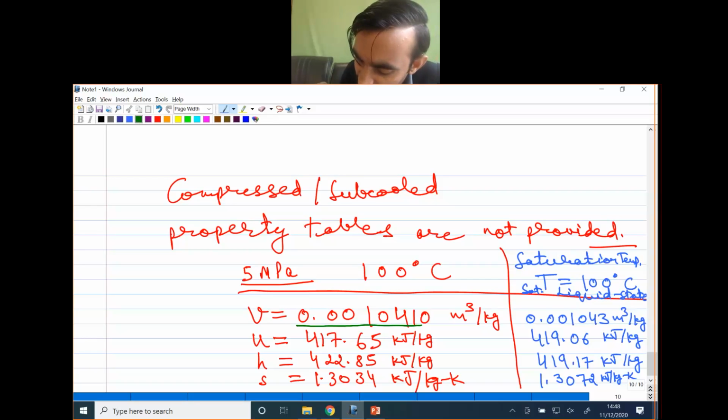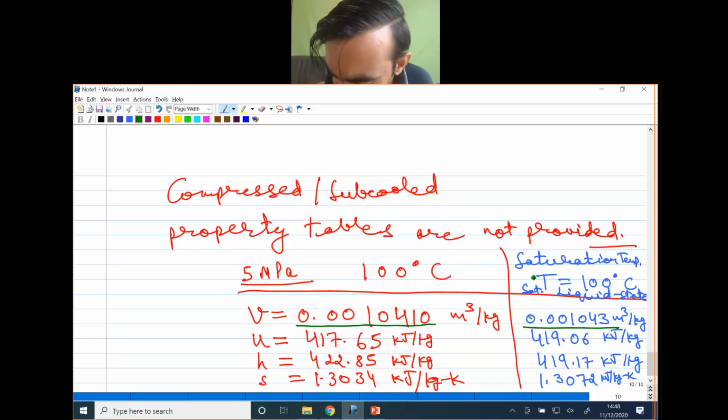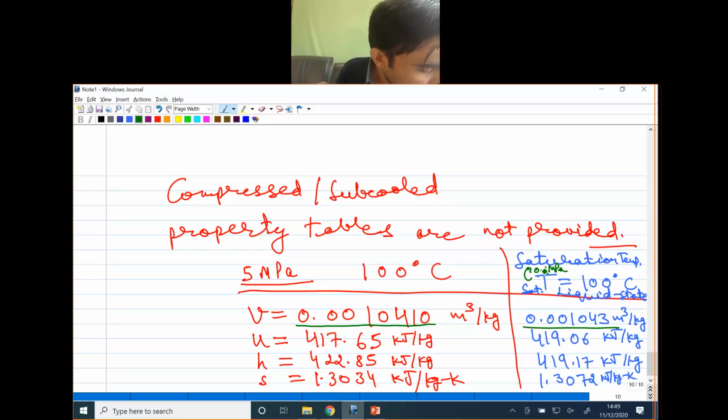Okay, so now what I want to show is the change of specific volume upon increase of pressure. Corresponding to 100 degrees Celsius, the saturation pressure is 101 kilopascal, which is nothing but close to 0.1 megapascals.